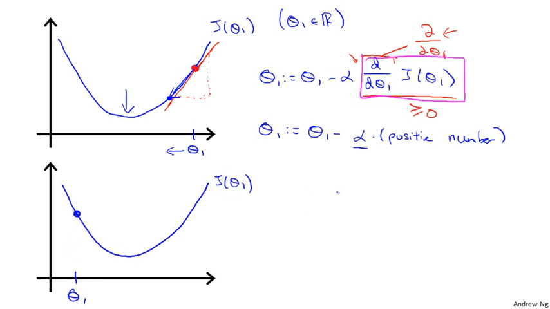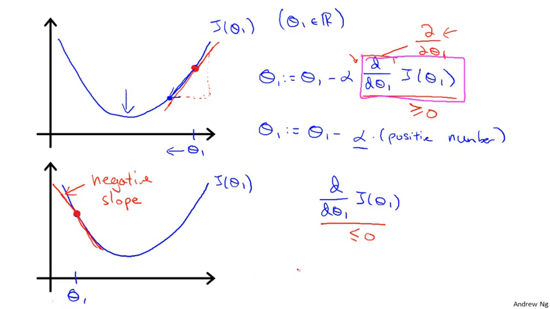Now my derivative term d/d theta 1 of J of theta 1, when evaluated at this point, is the slope of this line. But this line is slanting down, so this line has negative slope. Or alternatively, I say that this function has a negative derivative, which just means negative slope at that point. So this is less than or equal to 0.